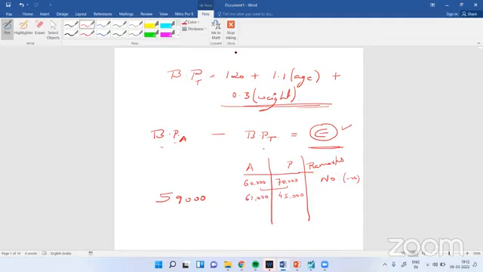Is it a good model? That is a positive error. Now, if I predicted that tomorrow the gold price will be 60,000 and the gold price opened at 60,500, is it a good model?